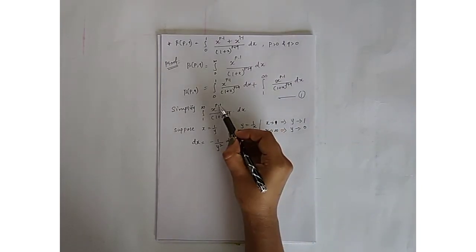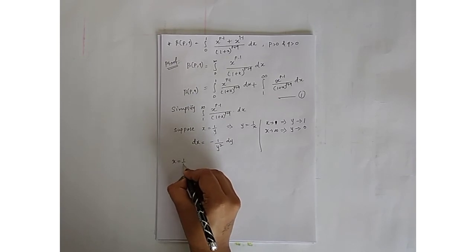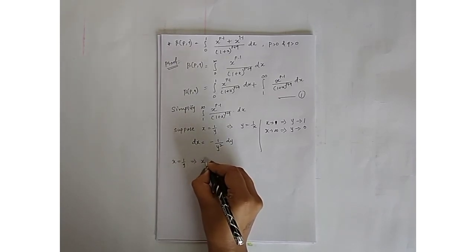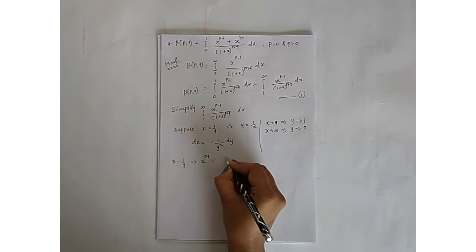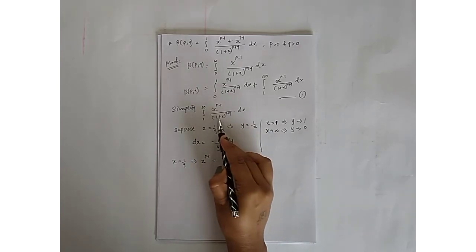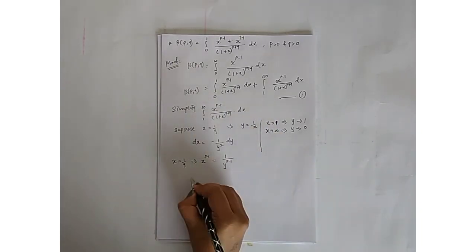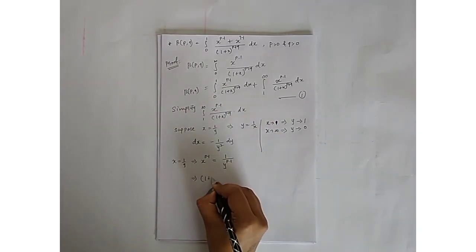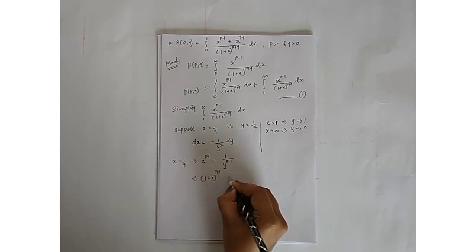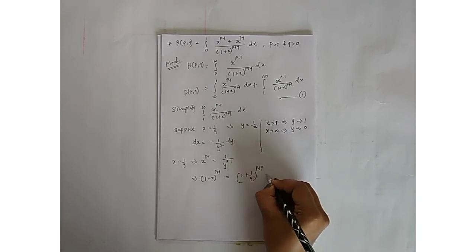Next, x^(p-1). So x is equal to 1 upon y, implies x^(p-1) is equal to 1 upon y^(p-1). Next, (1 + x)^(p+q). So (1 + x)^(p+q) is equal to (1 + 1/y)^(p+q).